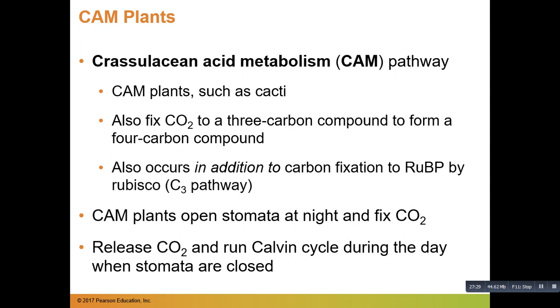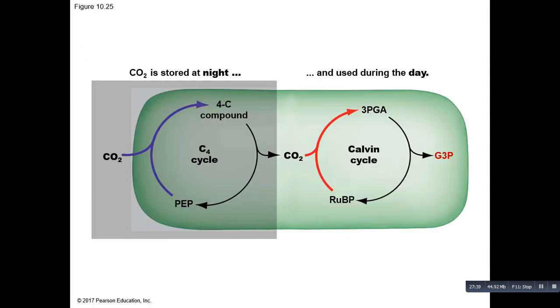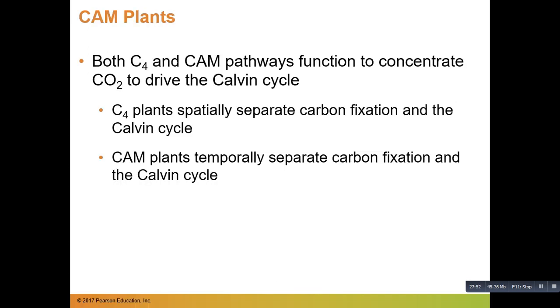So basically CO2 is stored at night in CAM plants and then it's used during the day for the Calvin cycle. Very well adapted plant to arid environments. So both C4 and CAM pathways function to concentrate the carbon dioxide to drive the Calvin cycle, to make it more efficient. C4 plants spatially separate carbon fixation and the Calvin cycle, and CAM plants temporally separate carbon fixation and the Calvin cycle in a different time frame.